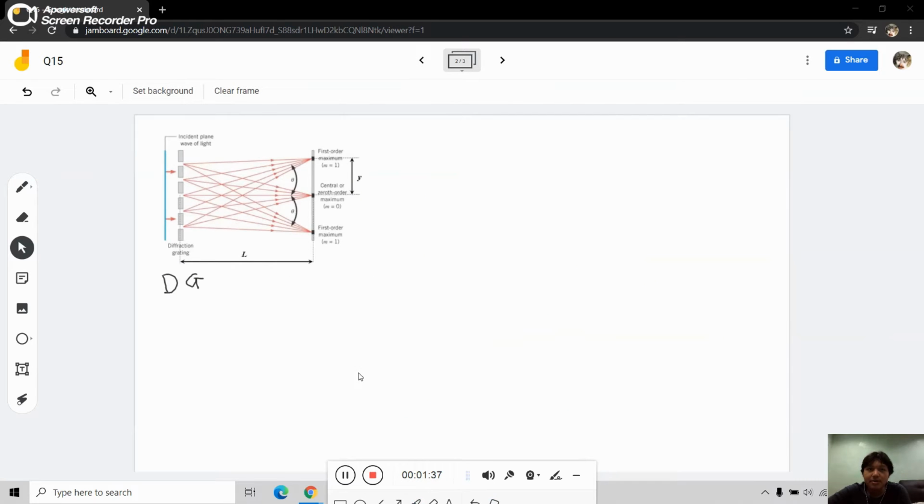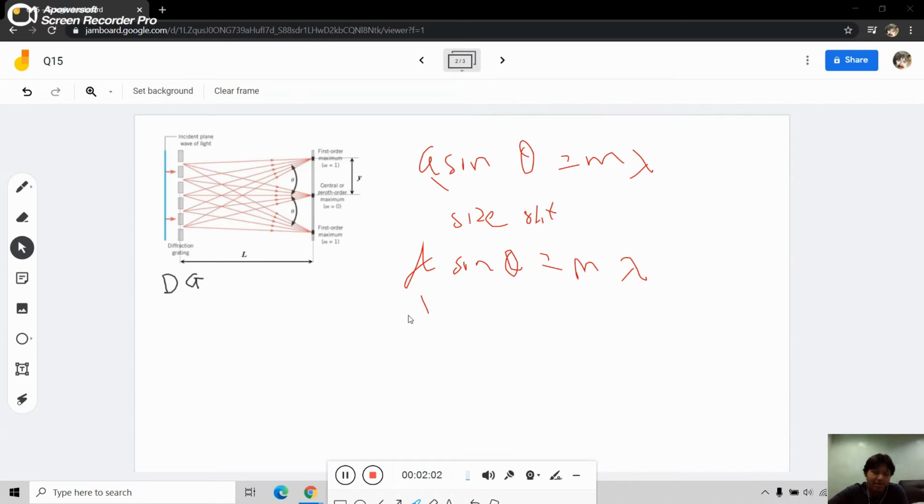Looking into diffraction grating, you have two types of equation, which is a sine theta equals m lambda, and d sine theta also equals m lambda. The thing is, a is the size of slit for short, and d is not the distance between two slits, but it is the grooves, especially 1 over groove.